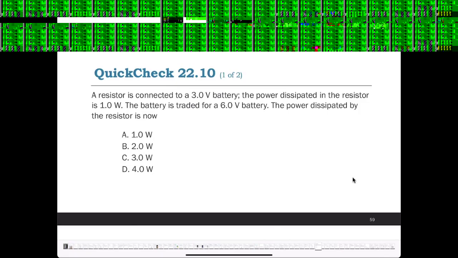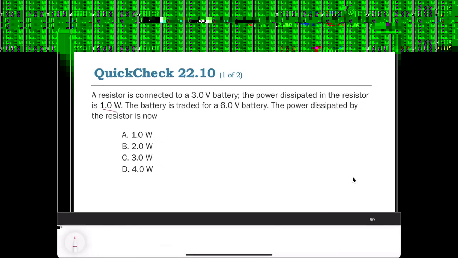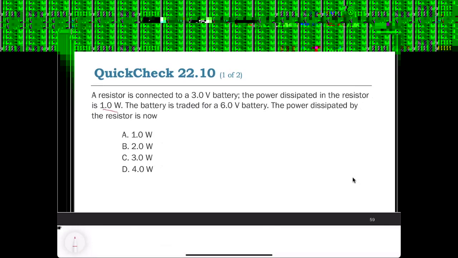Okay, let's review some quick check questions. A resistor is connected to a 3-volt battery. The power dissipated in the resistor is 1 watt. Then the battery is replaced by a 6-volt battery. What is the power dissipated by the resistor now?